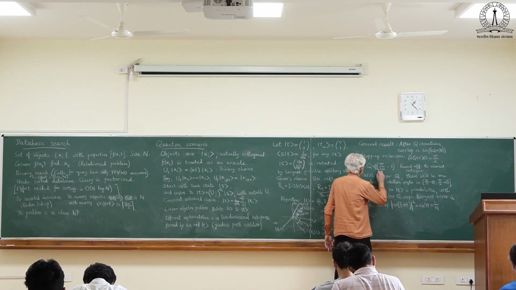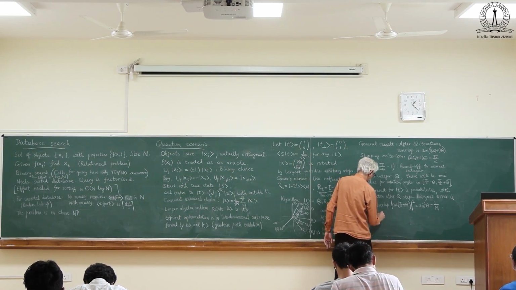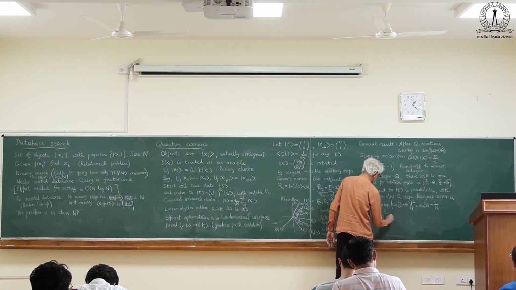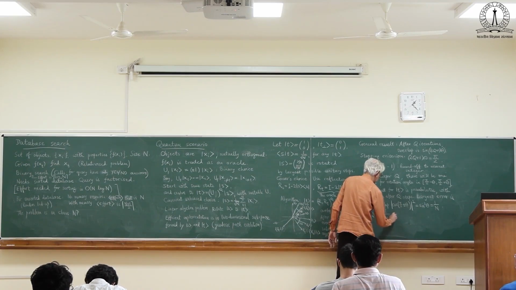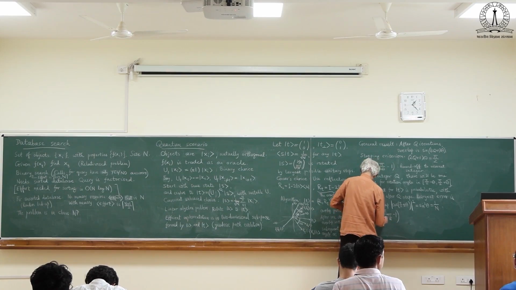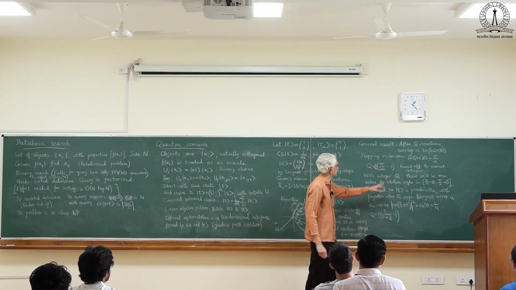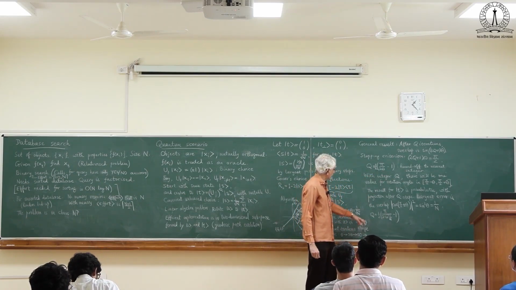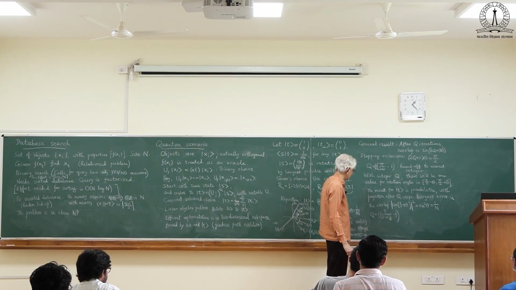So it is half pi over 2 sine inverse of 1 by root n. I just put in the value of theta. How does this scale?